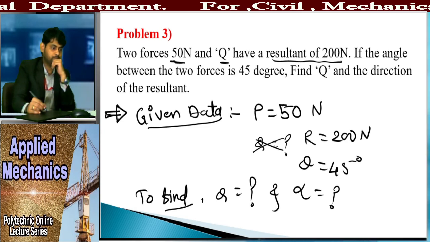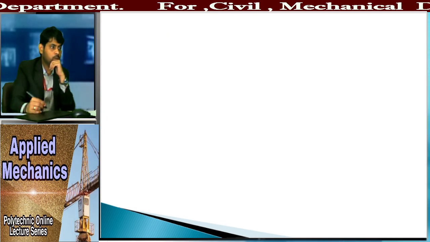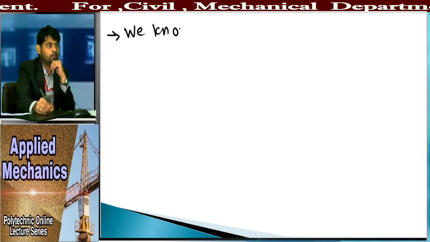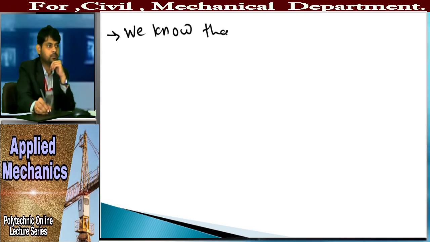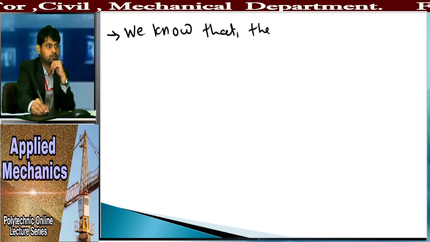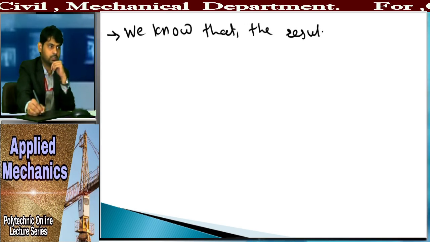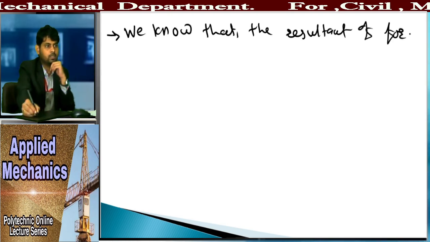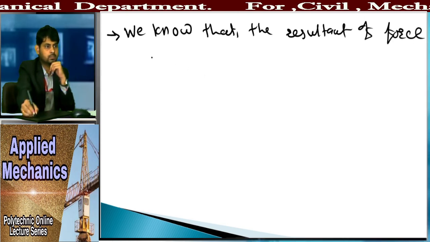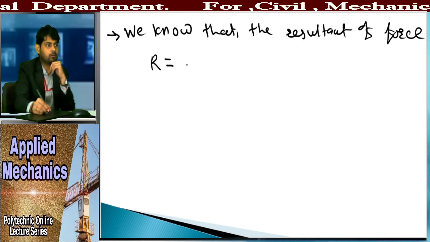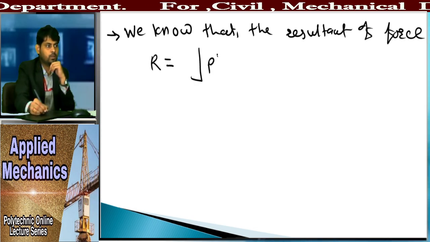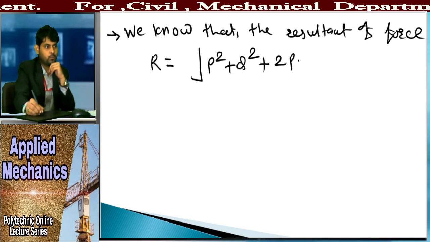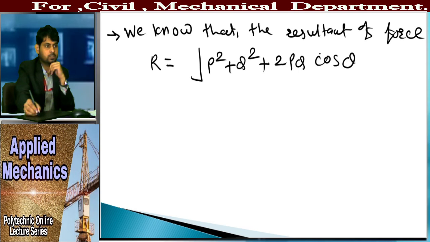For this, we know how we can solve this. We know the formula of the resultant of force, that is R is equal to under root of P square plus Q square plus 2PQ cos theta.